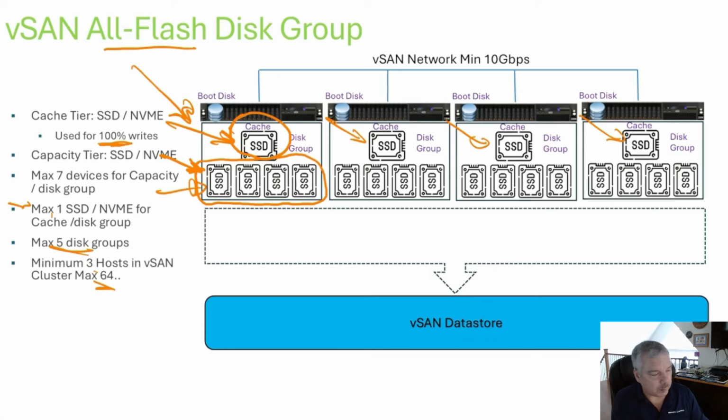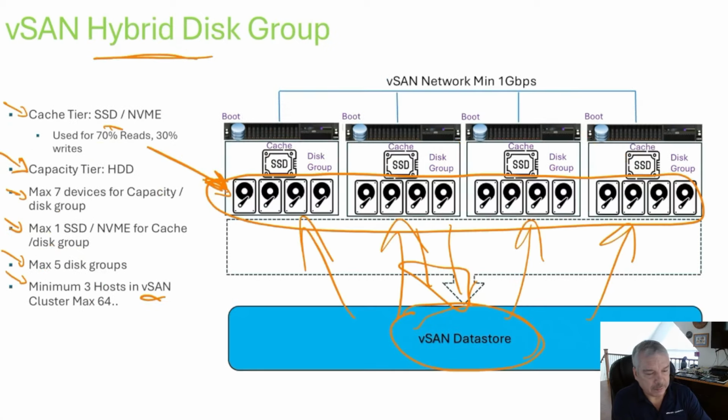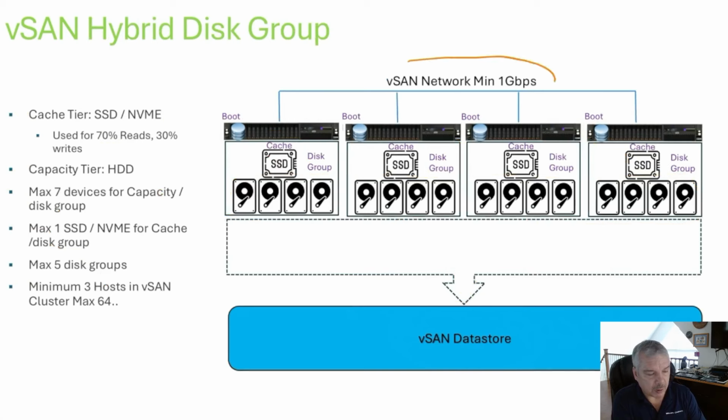Now, one thing I didn't point out, let's back up a second, is the vSAN network. Whichever solution, you need this vSAN network. Ideally, this is a dedicated network for the vSAN traffic, okay? For our storage traffic.